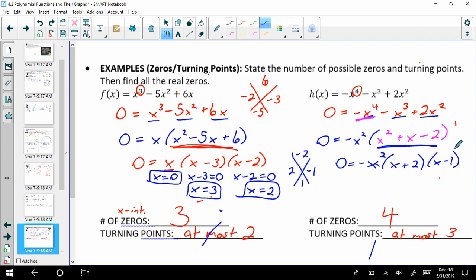And now I want to set each one equal to 0 and solve. So it looks like I'm going to get 1. It looks like I'm going to get -2. And now this last guy, to solve it, there's like a -1 there.